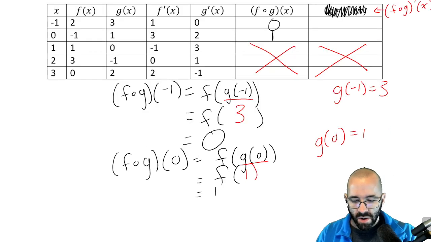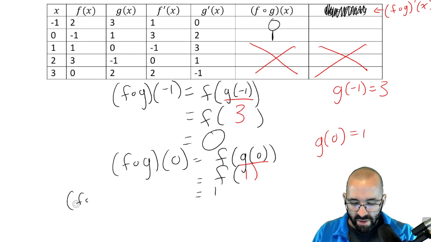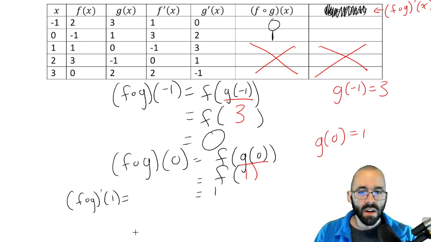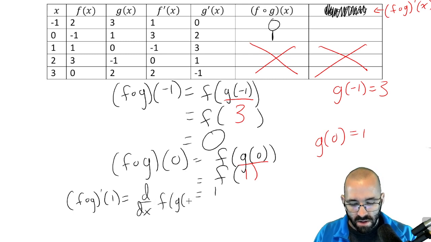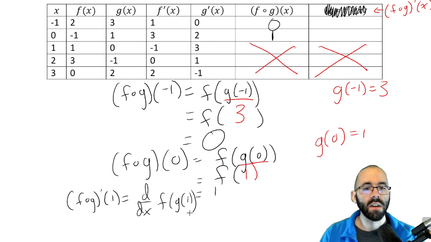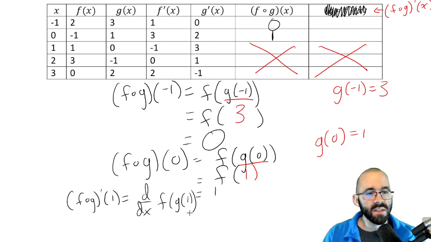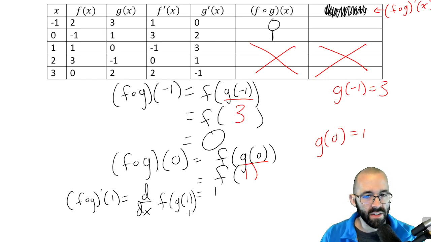So we also want to know, okay, what is the derivative of f of g at 1? Well, that's the derivative of f of g. What does the chain rule say this derivative is?